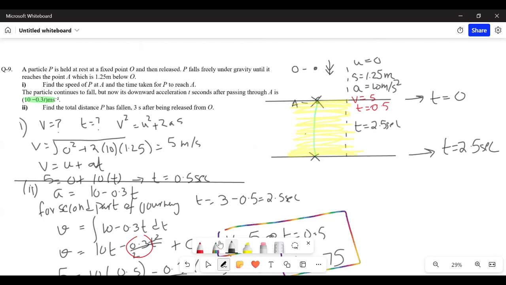So हमने इसको as a separate journey लेना है, सो हम कहेंगे इसका स्टार्टिंग टाइम अगर 0 है तो इसका एंड टाइम 2.5 है, क्योंकि we know total journey time is 3 seconds और यहाँ से यहाँ तक हमने पहले ही निकाल लिया था 0.5 seconds, so if that's 0.5 seconds then this is going to be 2.5 seconds.